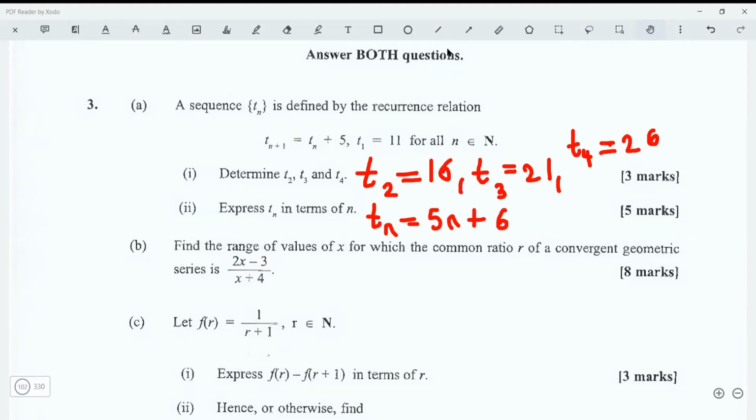All right. Now this one right here now says find the range of values of x. All right, give me a second.